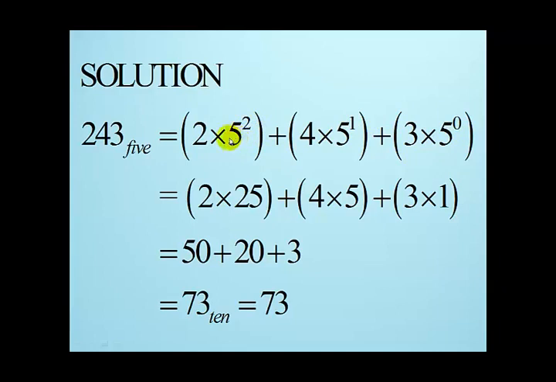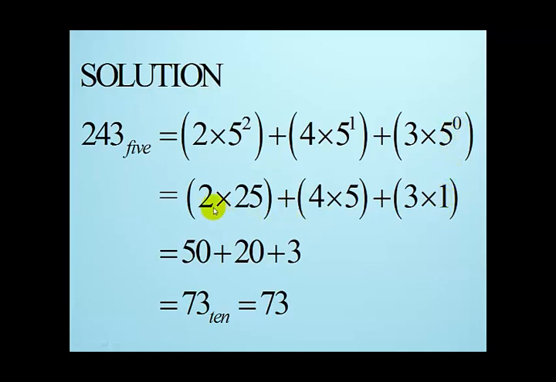Now 2 times 5 squared is equal to 2 times 25, because 5 squared is equal to 25. 4 times 5 exponent 1 is equal to 4 times 5, because 5 exponent 1 equals 5. Plus 3 times 1, because 5 exponent 0 is equal to 1. Any number raised to the power 0 is equal to 1.